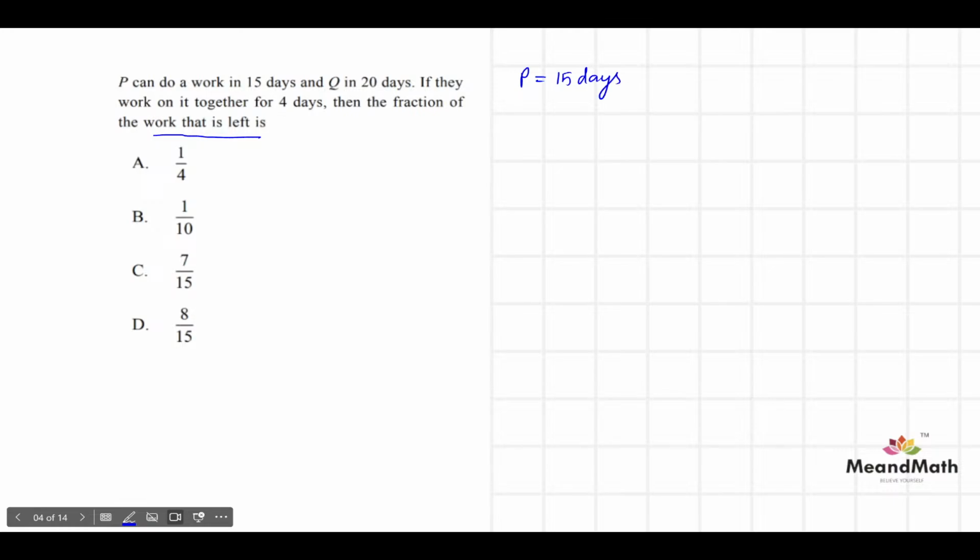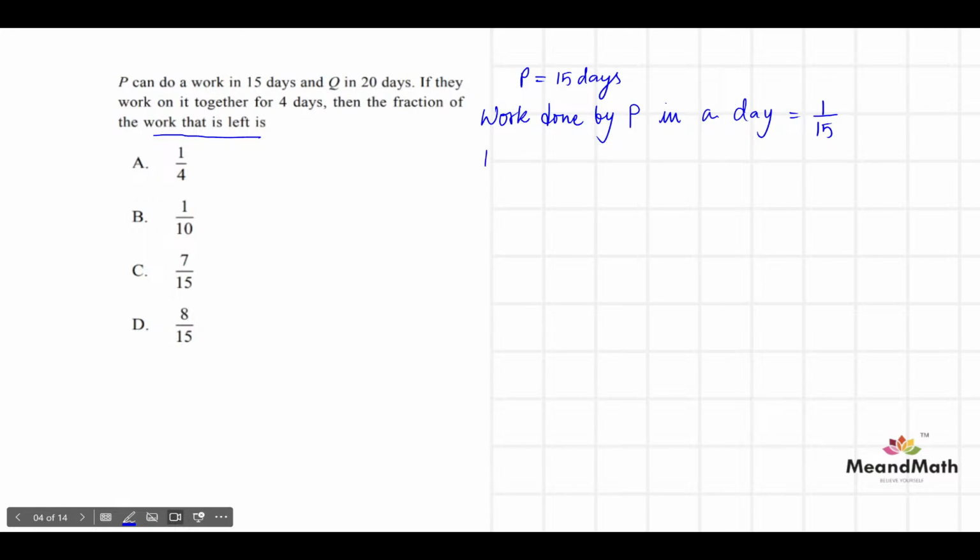So if we try to find out the work done by P in 1 day, so can we write the work done by P in a day would be 1 over 15.